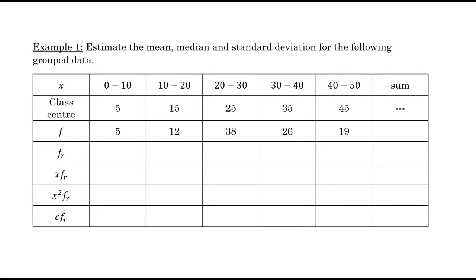I'm asked to estimate the mean, the median, the standard deviation for this grouped data. Now this time I have grouped data, and we're talking about from 0 to 50. Instead of saying how many rainy days I had, let's say I've got a 50,000 litre tank, or 50 kilolitre rainwater tank.